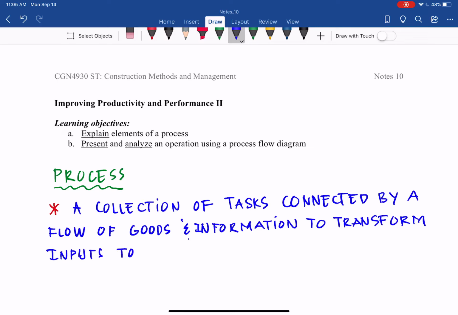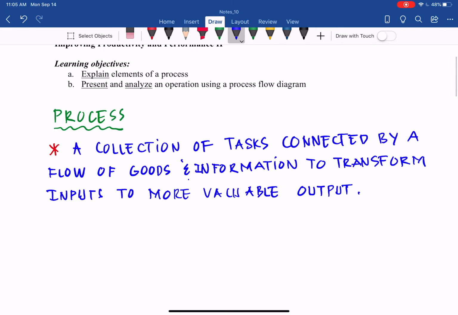And that we call the value added work. The output has to be more valuable, and that's the bottom line for the process.